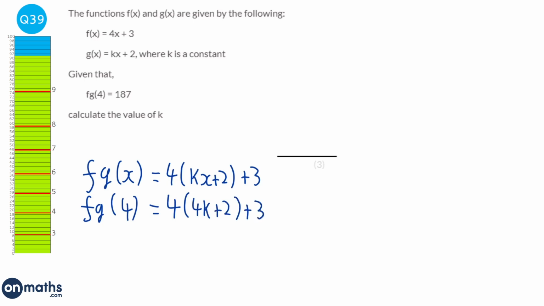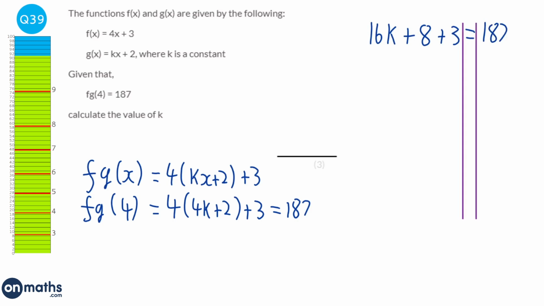And it says that that will equal 187. So we've actually got something we can solve here. So I'm just going to rewrite that, but I might expand the brackets as well while I'm at it. So 4 times 4k is 16k, 4 times 2 is 8, plus 3 equals 187, and let's get our solving lines in.